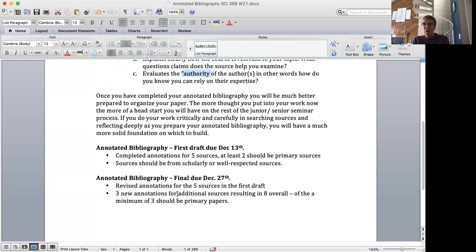You can't expect that you'll have everything you need the first time around. It would be very lucky and surprising if you did. But anyway, we will be working on this through next week. It's due on the Monday after next, and then we will discuss it and keep you moving along from there. So that will be the end of the annotated bibliography.